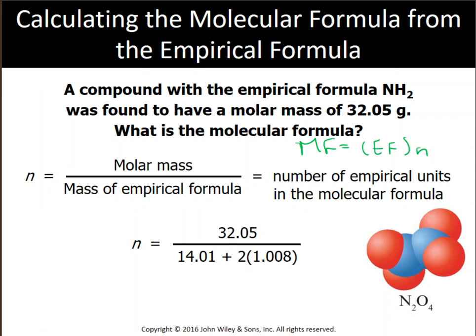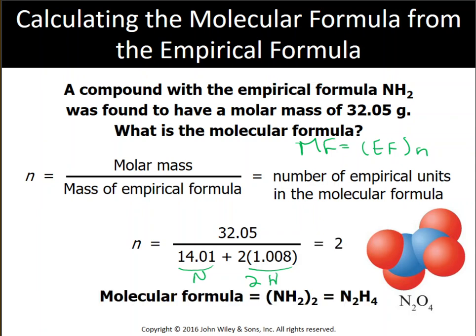Now, your empirical formula is NH2. So this is the mass of 1 nitrogen and 2 hydrogens. And I get that from the empirical formula because empirical formula is NH2, 1 nitrogen and 2 hydrogens. So from here, N is 2. So your molecular formula is N2H4.